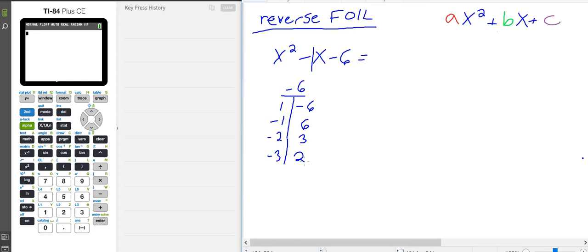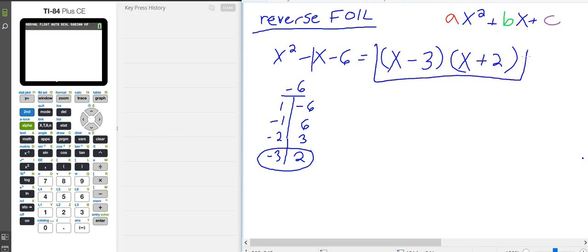Which one of these adds up to -1? -3 and +2. So, in factored form, x squared minus 1x or minus x minus 6 is equal to x minus 3 and x plus 2. To check it, you can always FOIL back.